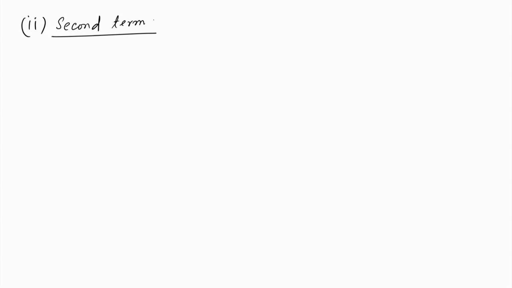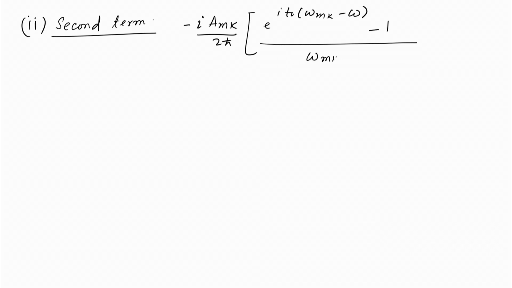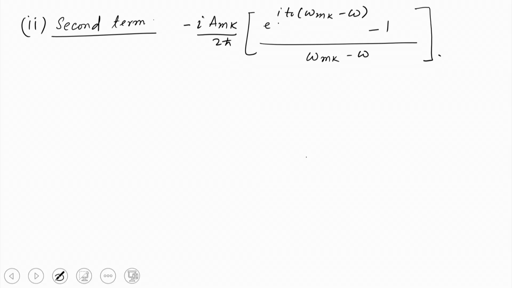And that term is of course with a negative sign, minus i a m k by 2 h cross, and I have an exponential i t naught omega m k minus omega, minus 1, divided by omega m k minus omega. We can simplify this, we can write the numerator as a sine by taking exponential i t naught by 2 omega m k minus omega out.